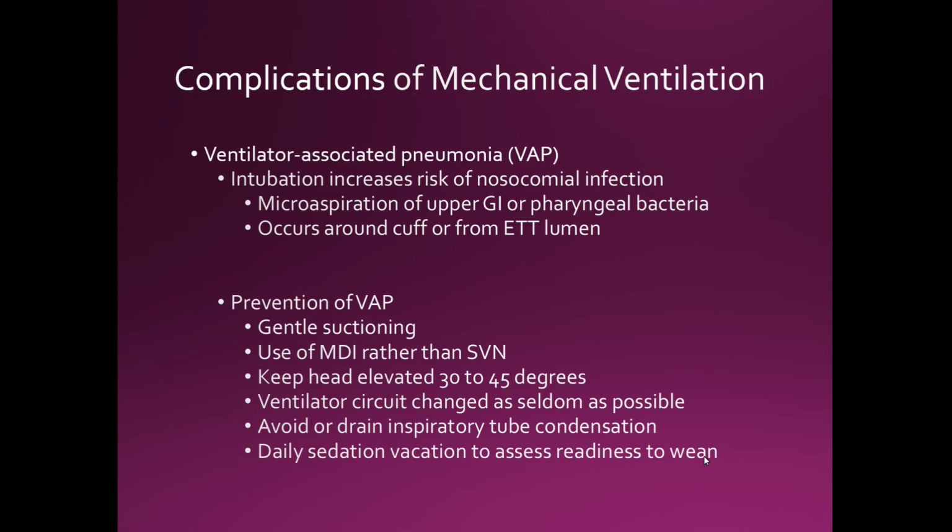All right, VAP, ventilator-associated pneumonia. The way that we get this is that we have a pilot balloon on our endotracheal tube or our trach tubes, and we might have a patient with bacteria-laden secretions. Now, when we put in an endotracheal tube or a tracheostomy tube, and we inflate the pilot balloon, we do not inflate it to the point that it fully occludes the airway.